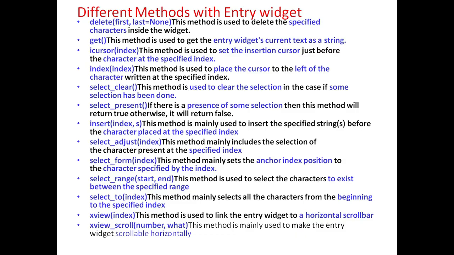The xview method with parameter index is used to link the Entry widget to the horizontal scroll bar. And xview_scroll with parameters number and what is mainly used to make the Entry widget scroll horizontally.